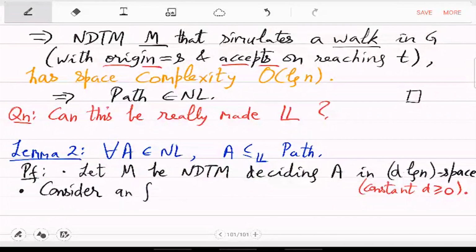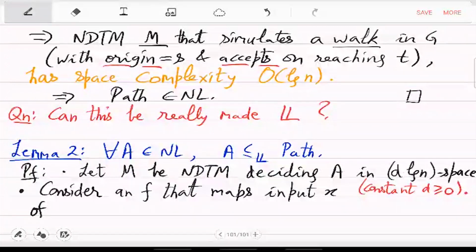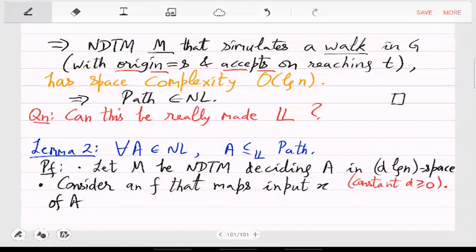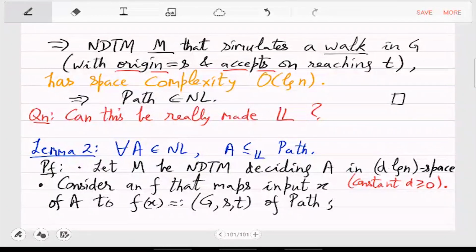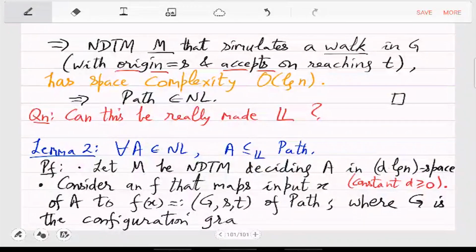So consider an F that maps input x of A to f of x, a G comma S comma T path instance, where G is the configuration graph of Mx. Okay, so we are now looking at this configuration graph, or also configuration tree, as we saw before.